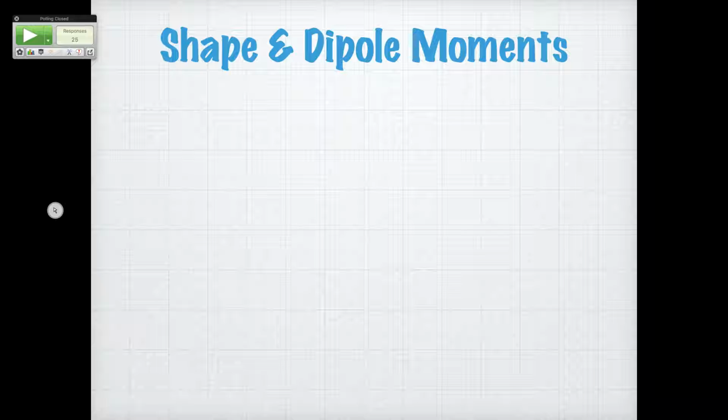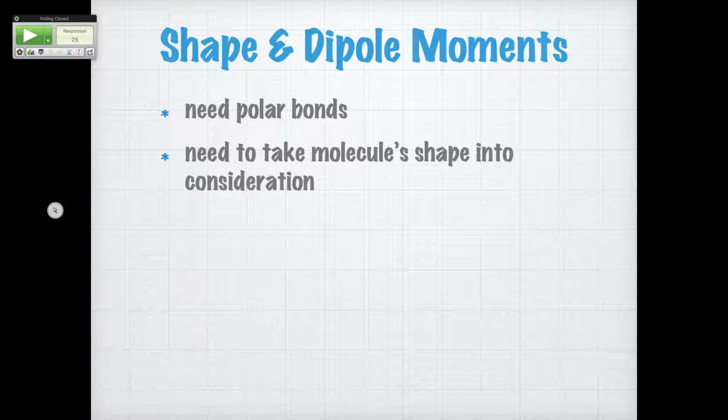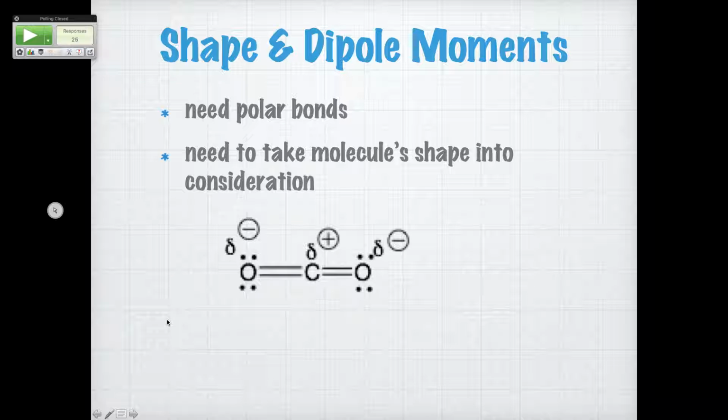It's really important that you remember to take into account the shape. Not only do you have to have polar bonds, but the shape has a lot to do with it. So here is CO2. You've probably seen its Lewis structure before, right?